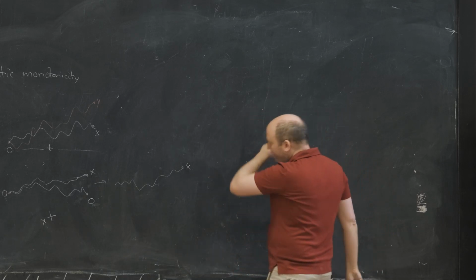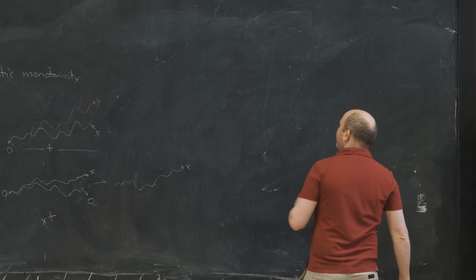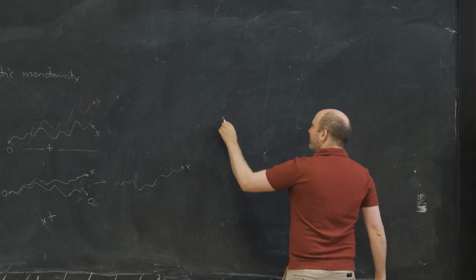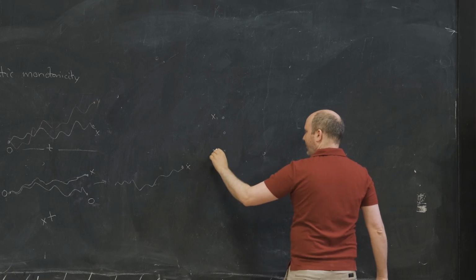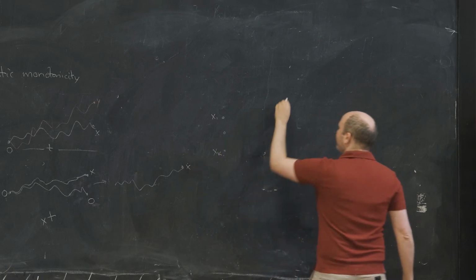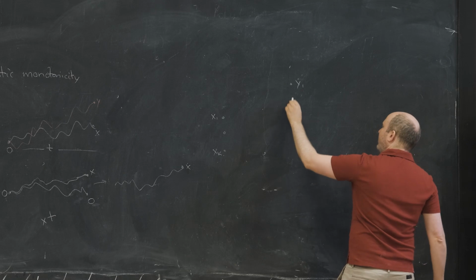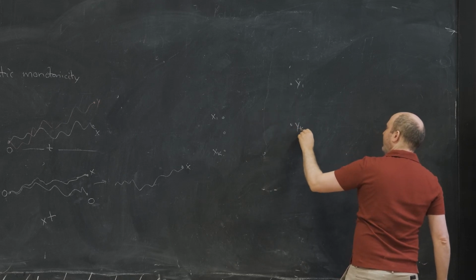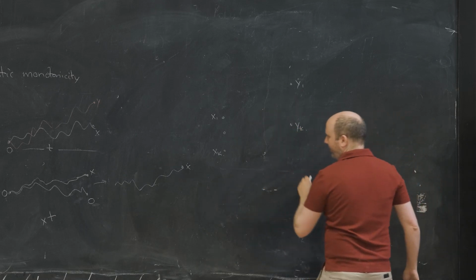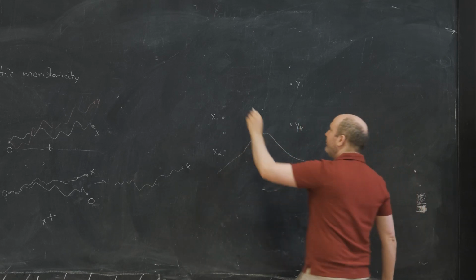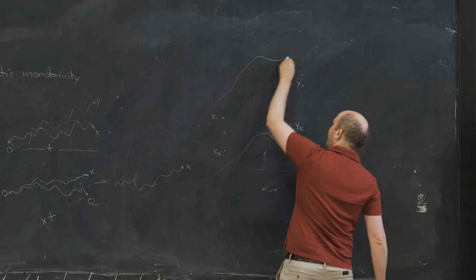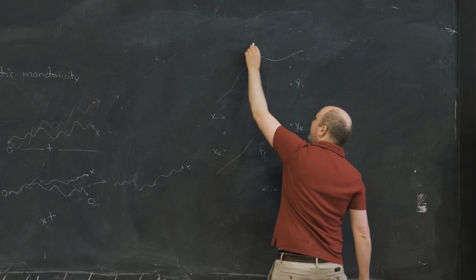I won't state a precise theorem, but you can see it in the notes. So imagine that you have some set of starting points, x1 through xk, and some set of ending points, y1 through yk, and you have some width. And maybe you even have some function that sits beneath you and some function that sits above you, so some function f and some function g.